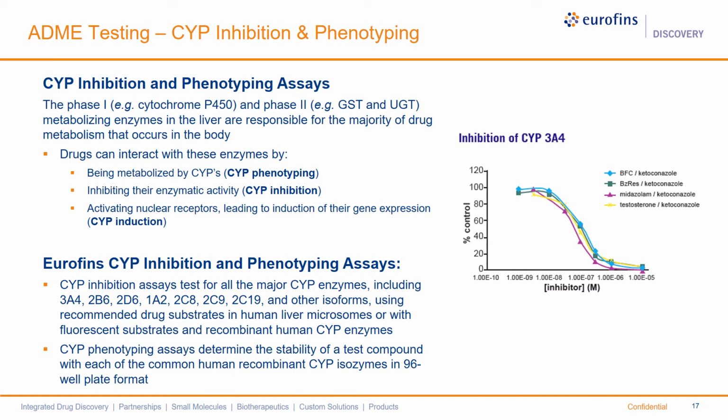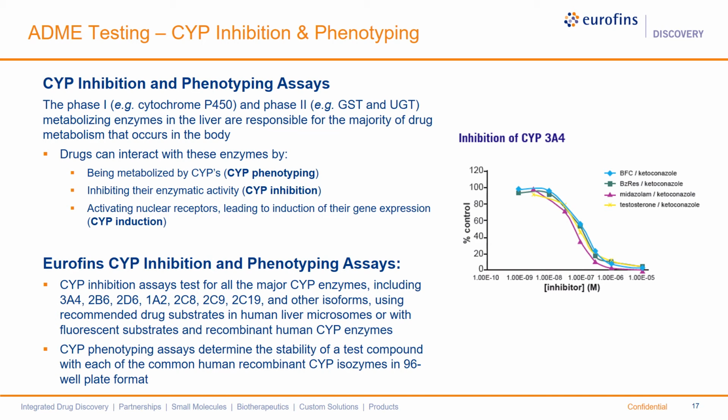And these assays use a variety of different drug substrates, either as a reference or in the case of inhibition studies, to see whether a drug is capable of inhibiting the activity of those enzymes. And that's actually shown here on the right-hand side, where there is a profile for CYP3A4 looking at ketoconazole in the presence of different drugs or testosterone.